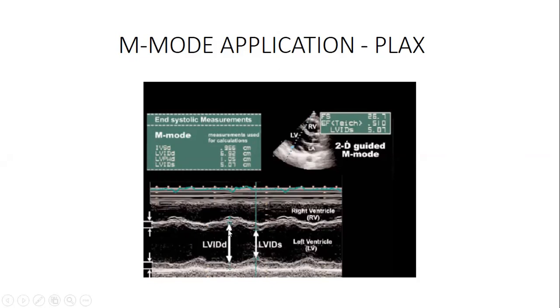Now, the distance from here to there is the internal diameter. Why are we calling it the internal diameter? Because this is the chamber itself. You measure endocardium to endocardium, inner to inner, in diastole. Why in diastole?